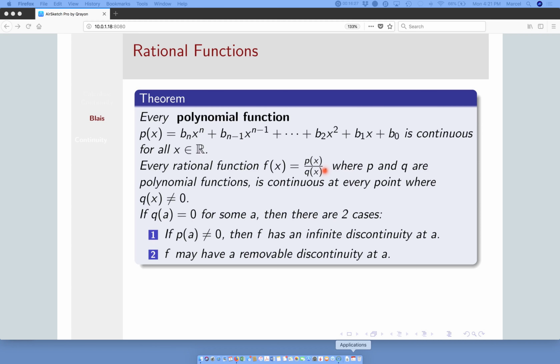If you have a division by 0, there are two possibilities. So think of a point x equals a, where you have a division by 0 here. One case is that you have an infinite discontinuity at a, as long as the numerator is non-zero. If the numerator is also 0, you have what's called an indeterminate form.